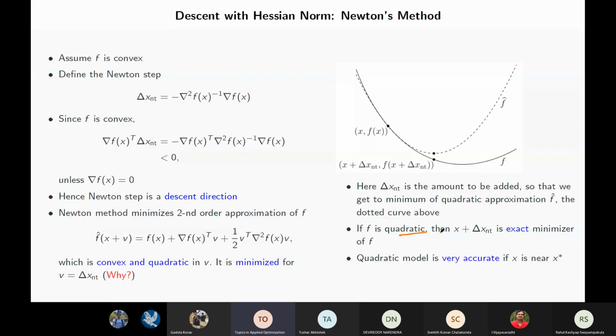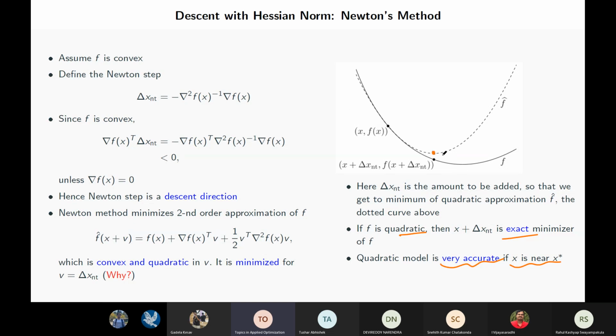So if f happens to be quadratic, then obviously the Hessian will capture the quadratic information exactly, so that will be the exact minimizer. If the function happens to be quadratic, you will get an exact minimizer because your approximation is no longer an approximation, it's exact. The quadratic model will be very accurate if x is near x star. That's why you will see the Newton method start converging very fast when it is already near x star.